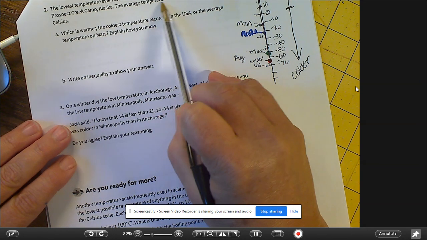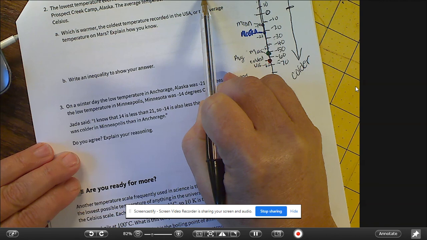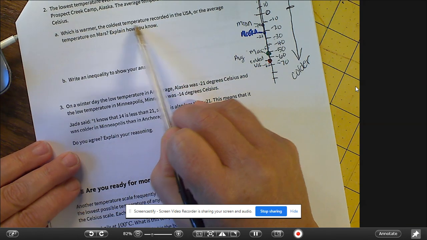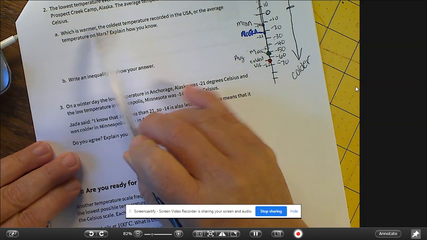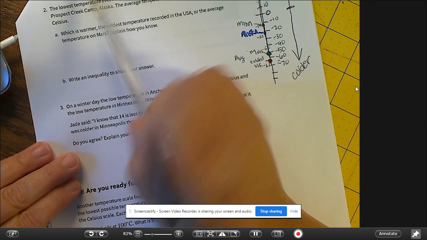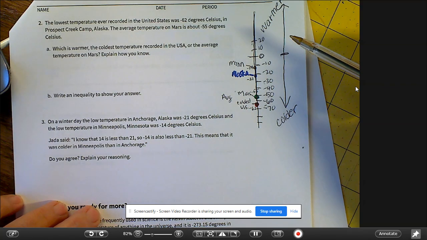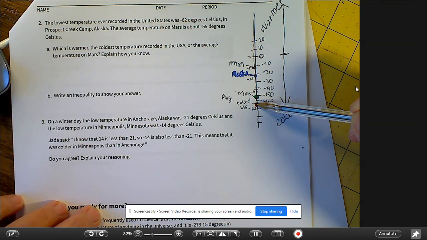So the average temperature on Mars is about negative 55 degrees Celsius, which is warmer than the coldest temperature recorded in the USA. I've gone ahead and plotted these on here. So negative 62 is the lowest temperature that's here. I don't know if you can see the color, but it's red.